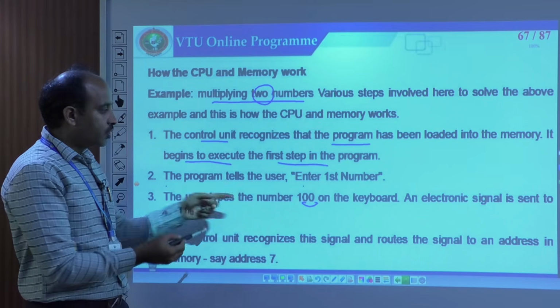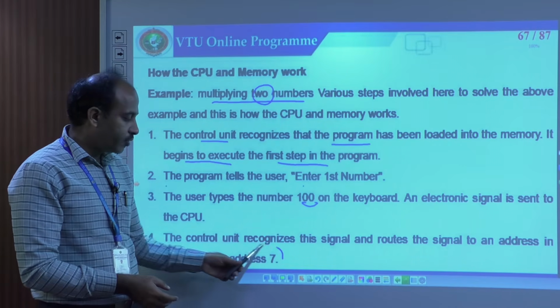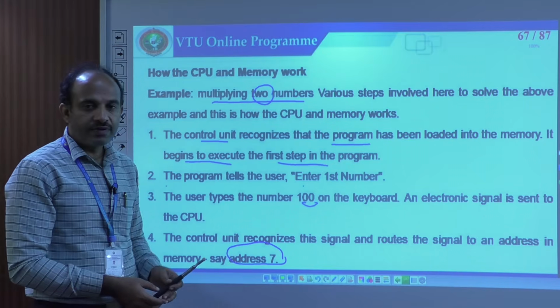Assume the data you have entered, 100, will be stored in memory address 7.